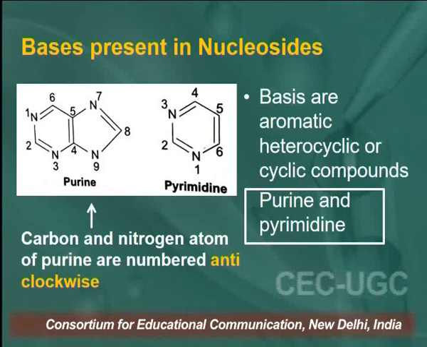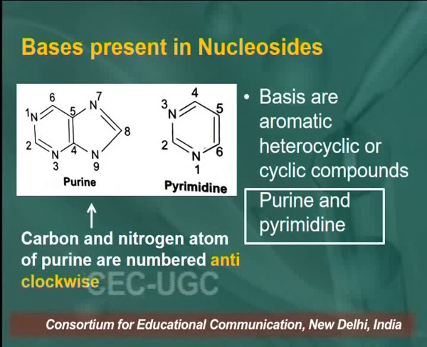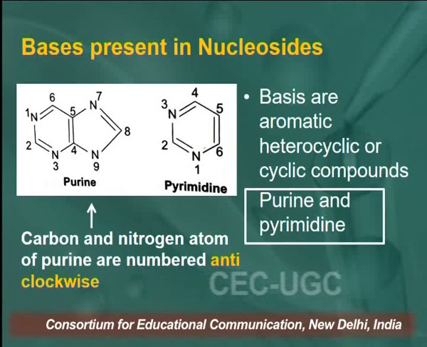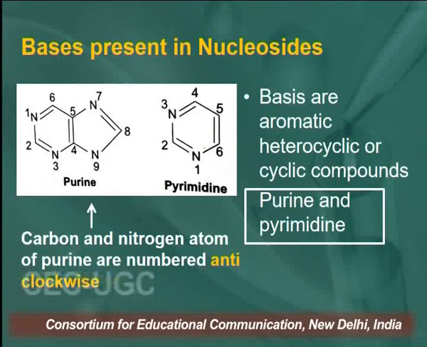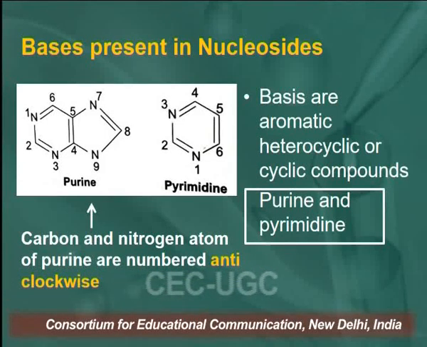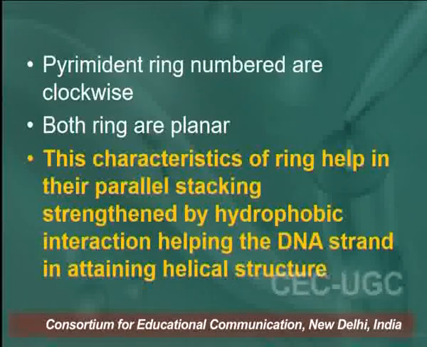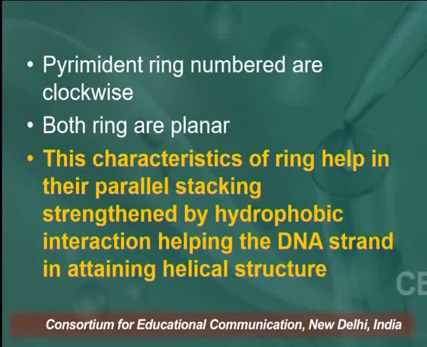Learners, if we talk about the numbering of purine and pyrimidine bases, the carbon and nitrogen atoms of purine are numbered anti-clockwise. So always remember, you have to number the nitrogen and carbon atoms anti-clockwise.